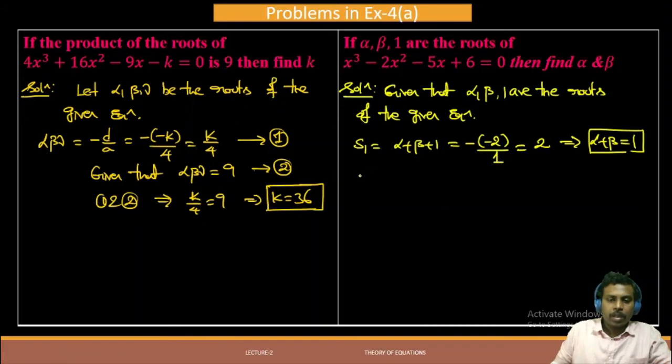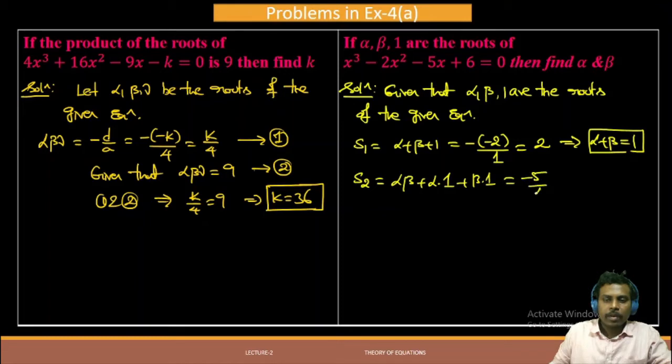Okay. Now let us find S2. What is S2? Alpha beta plus alpha into 1 plus beta into 1. That is equal to c by a, that is minus 5 divided by 1, that is equal to minus 5.